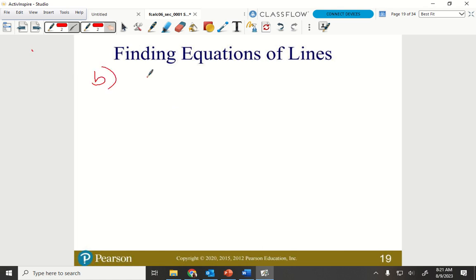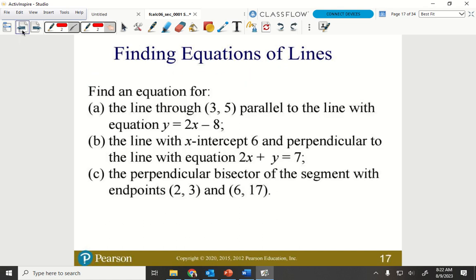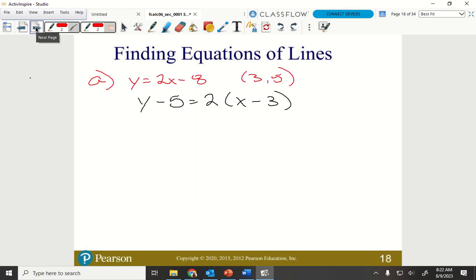And so x-intercept, right? X-intercept of 6, and it says it is perpendicular to 2x plus y equals 7.